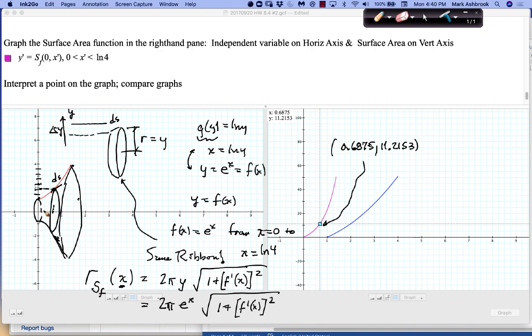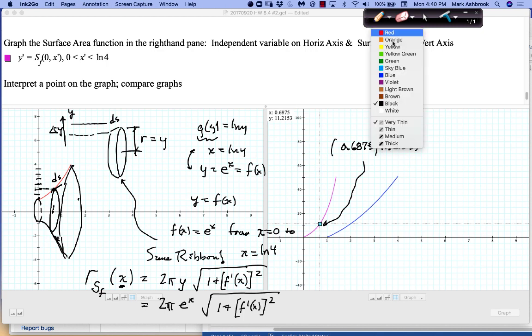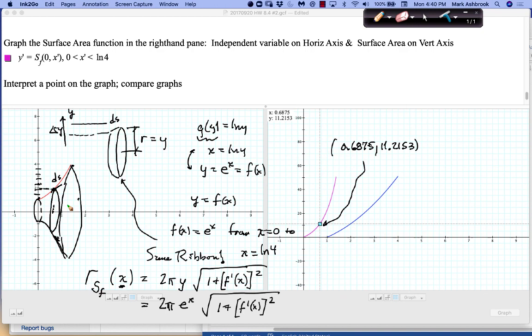So when x has reached 0.6875, we've generated how much surface area thus far, right? How much? 11.2153. So I'll do that in nice light green.